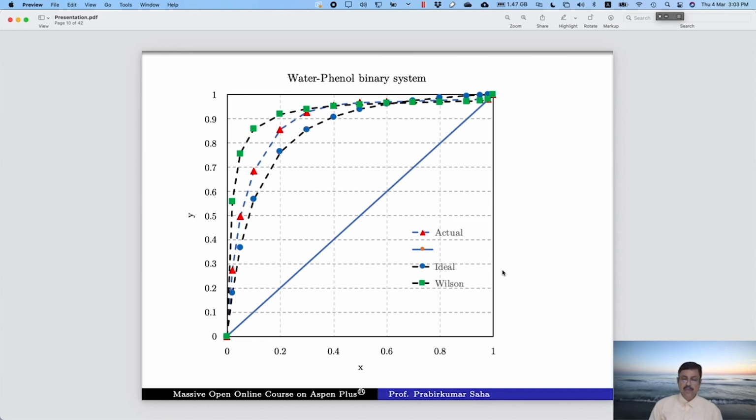Now we have tried Wilson also. Wilson is another activity coefficient model. That also we have tried, and that also does not match with the experimental data curve. So we have to find some other property method for the water-phenol binary system, but definitely it is not ideal behavior.